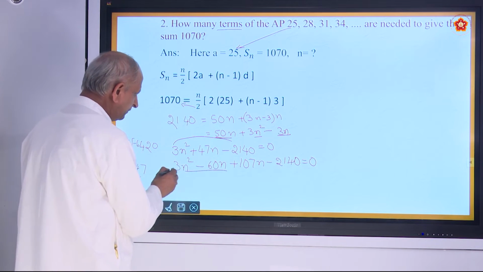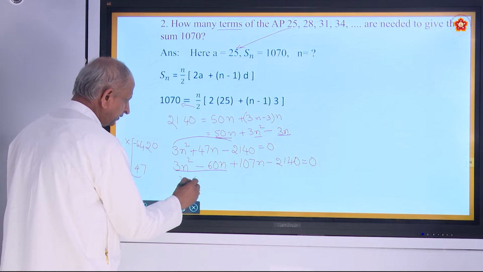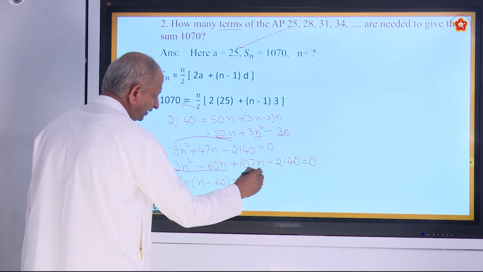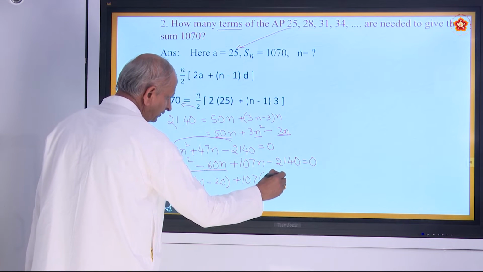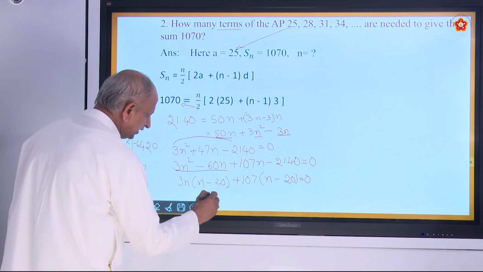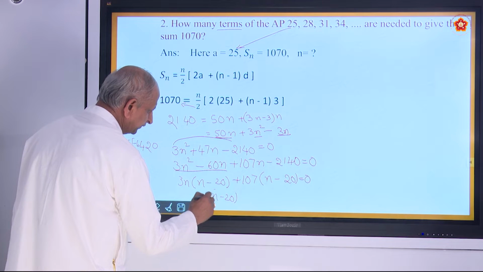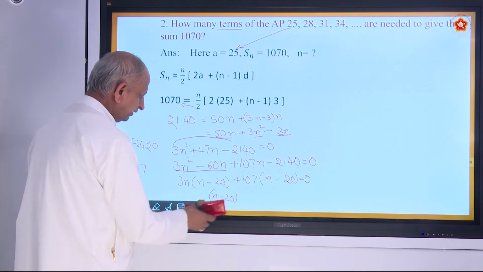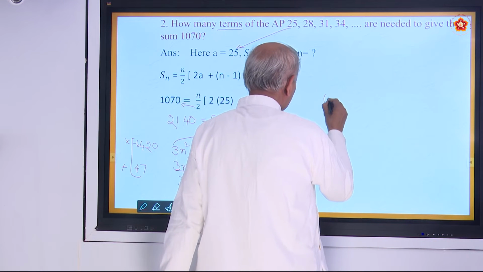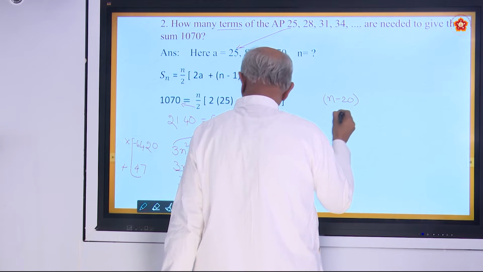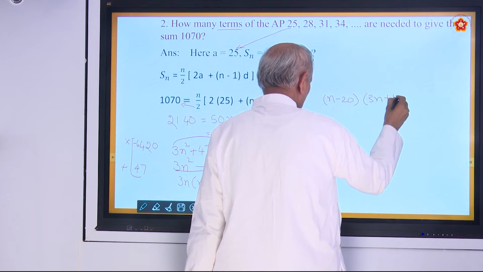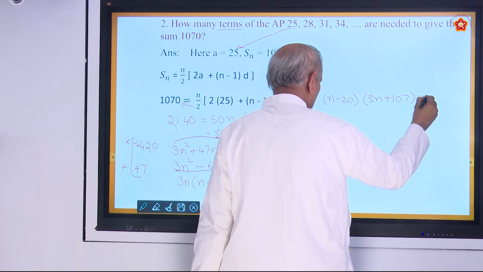Now here you take common factor 3n, n minus 20, and 107, take common factor n minus 20 is equal to 0. So you have n minus 20 into 3n plus 107 is equal to 0.